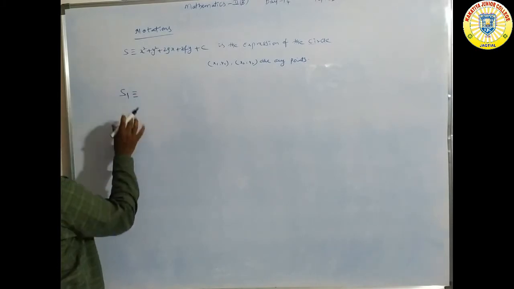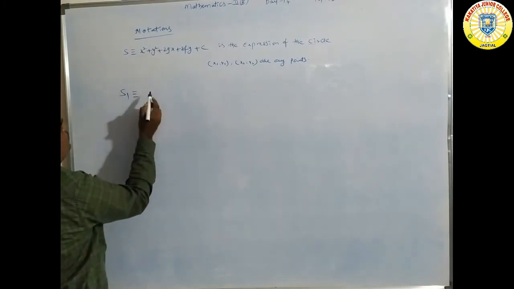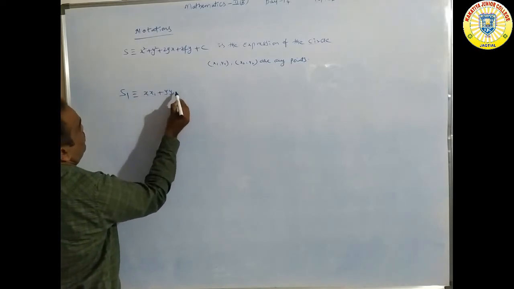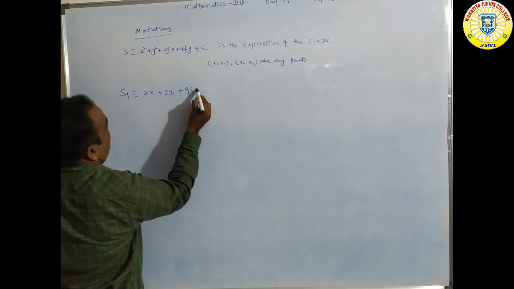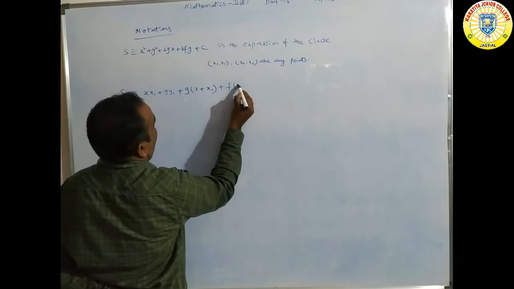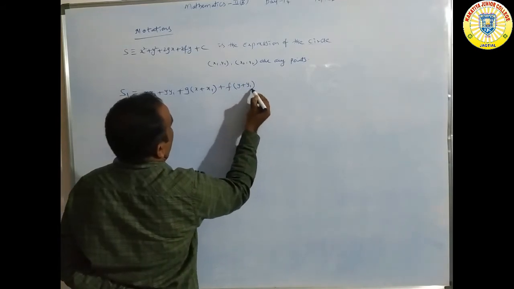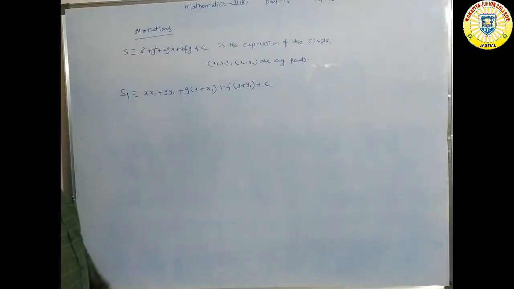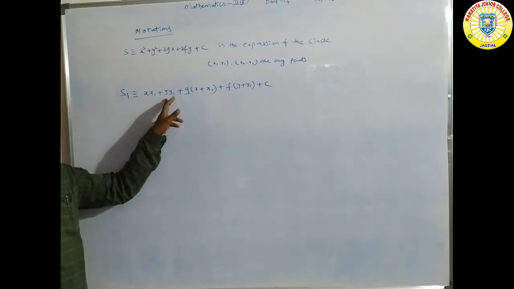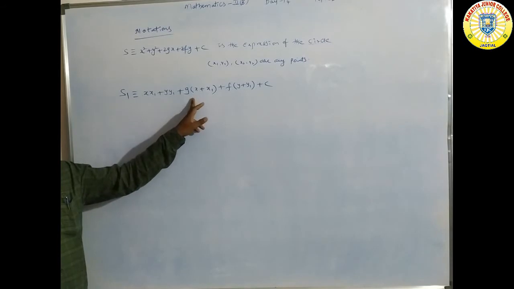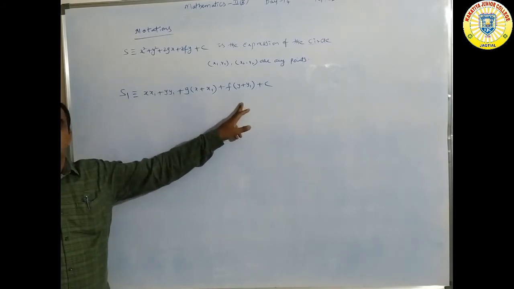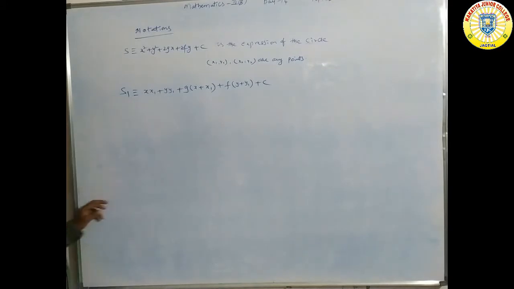S1 is equal to x1 square plus y1 square plus g of x plus x1 plus f of y plus y1 plus c. This is the notation of S1.